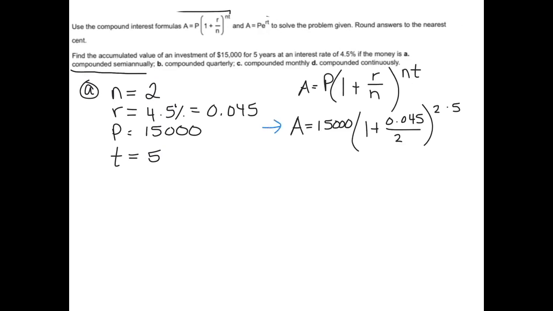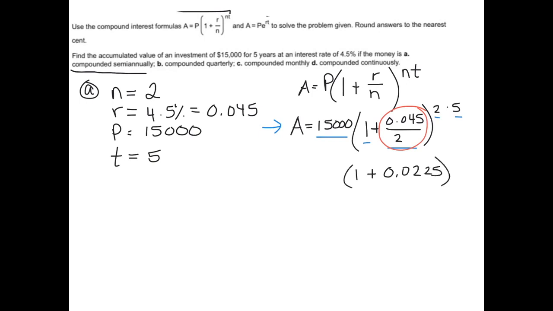So here we plugged in the values for N, R, P, and T, and we have A equals 15,000 times (1 plus 0.045 divided by 2) raised to the 2 times 5 power. The first thing we want to do is divide 0.045 by 2. When we do that calculation, we get 0.0225.